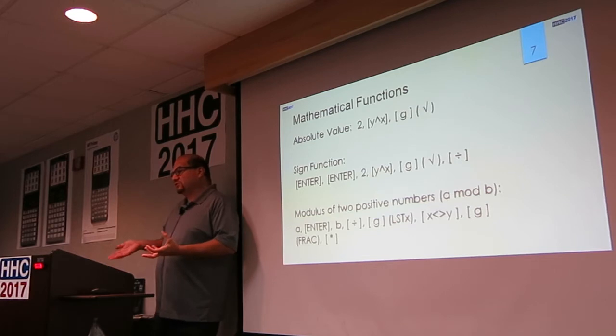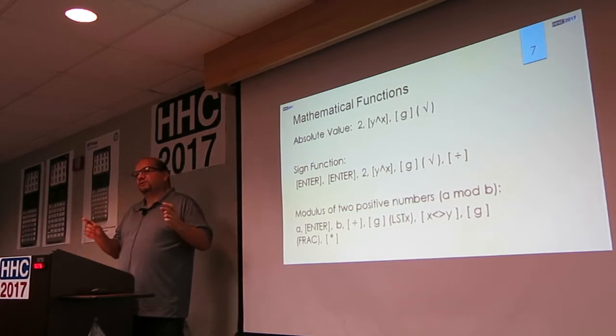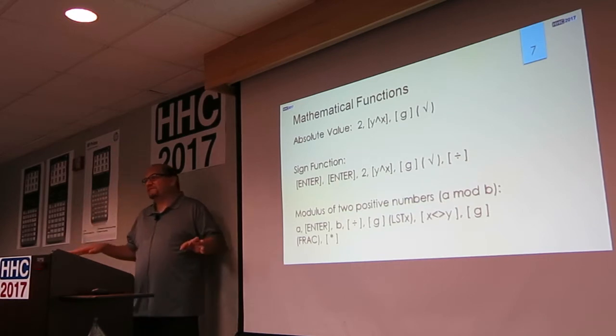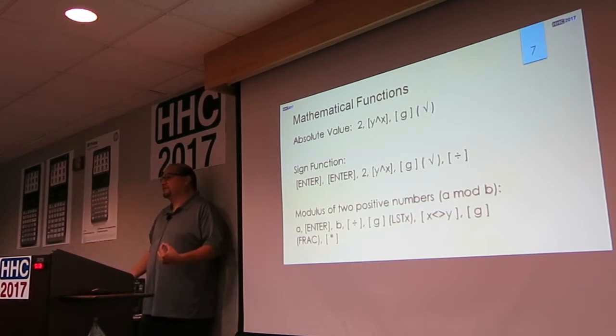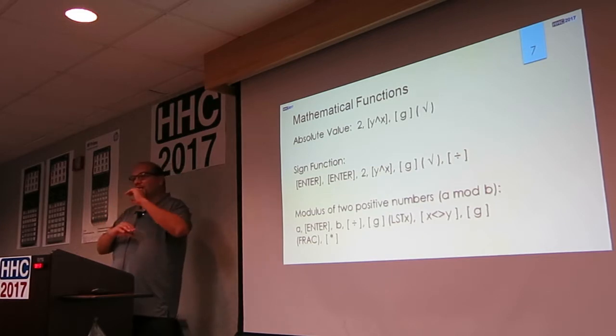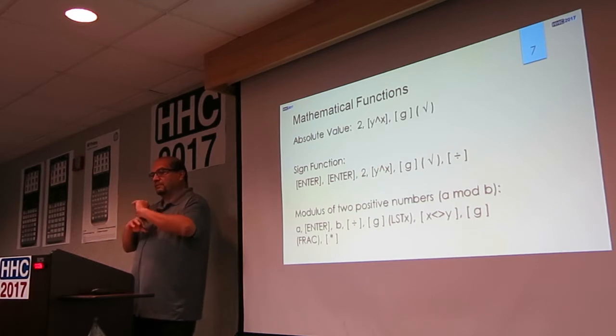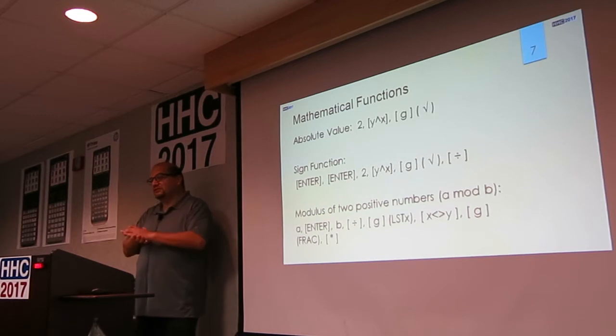Just for those who don't know, the sign function will return -1 for any negative number, 0 for 0, and +1 for any positive number. And the algorithm is enter, 2, power, square root, and then divide. Essentially what you're doing is copying the number to the y stack level, taking the absolute value of what's on the x level, and then just dividing it.